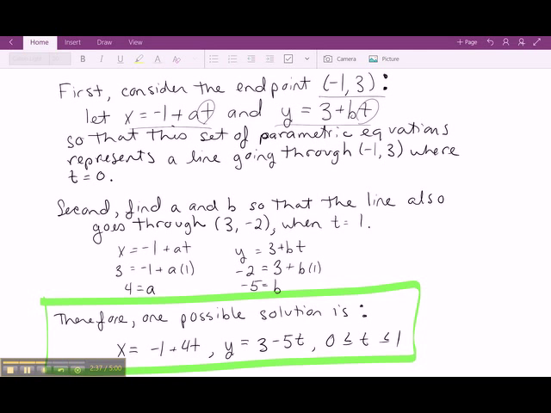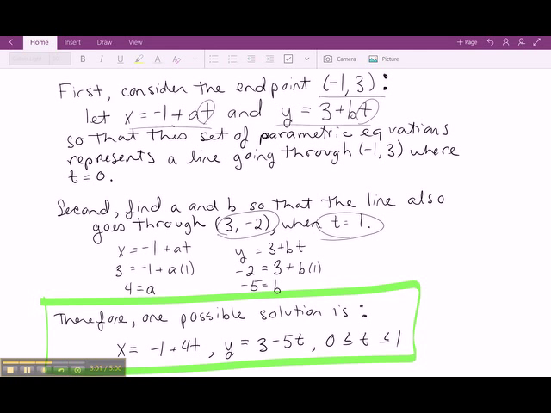Now, what you want to do is look at the other endpoint. So the other endpoint is (3, -2). So let's assume that the parametric equation is going to work so that it goes through this point if t is 1. So at t equals 1, we're going to go through that point.